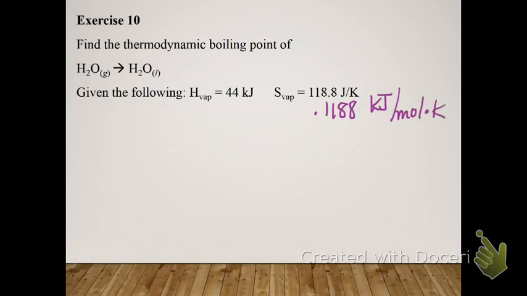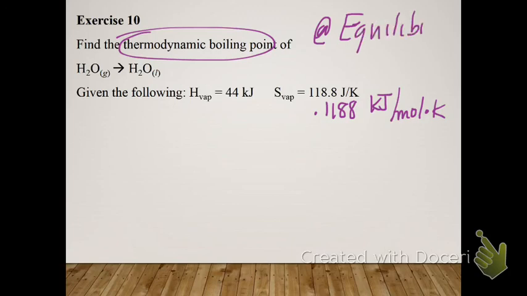So I'm at the thermodynamic boiling point. The boiling point of any item means I'm also at equilibrium. Earlier in the slideshow, I said at equilibrium, delta G is equal to 0.